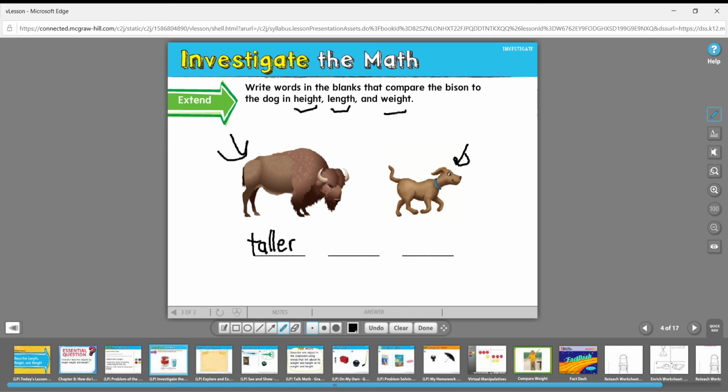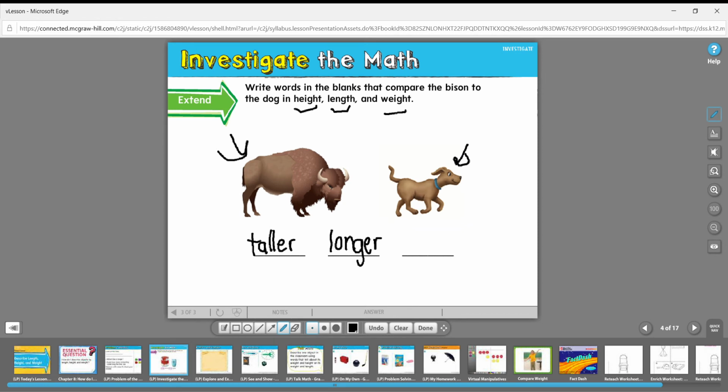Okay, what about the length of the bison and the length of the dog? How would you describe the bison compared to the dog in length? Would you say it's longer? I would say it's longer than the dog. And then what about weight? Have you ever seen a bison before?